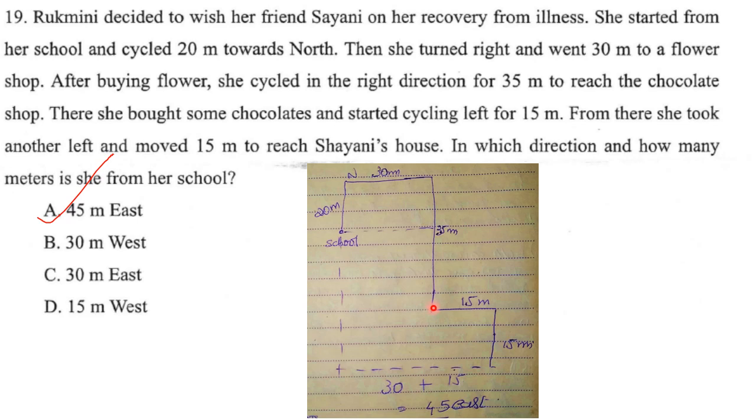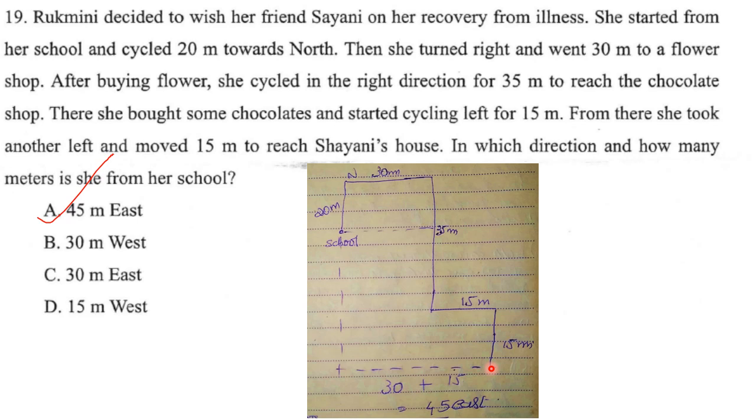There she bought some chocolates and started cycling left for 15 meters, sorry. So she turned left and cycled for 15 meters. From there she took another left and moved 15 meters to reach Sayani's house. So Sayani's house is over here.